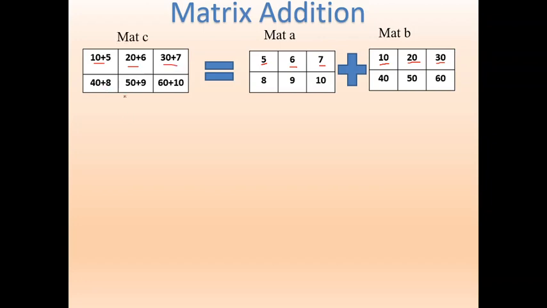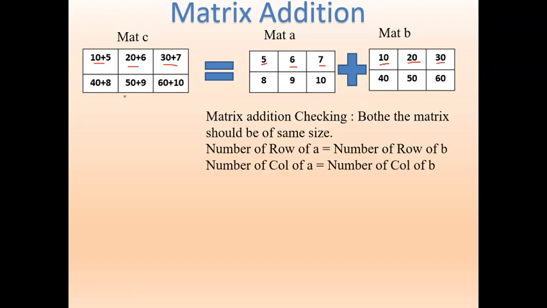Before adding these elements, there is a condition. We cannot add any two matrices. The condition is both the matrices should be of the same size. That means the number of rows of the first matrix equals the number of rows of the second matrix.